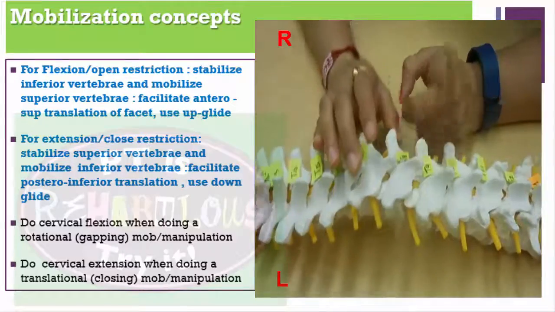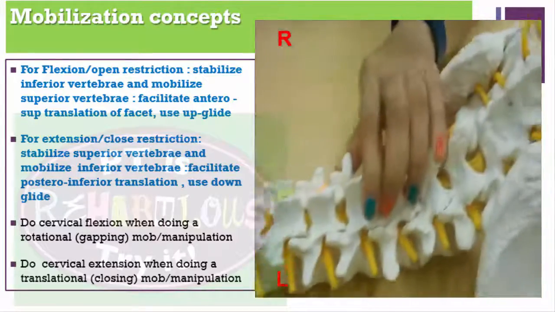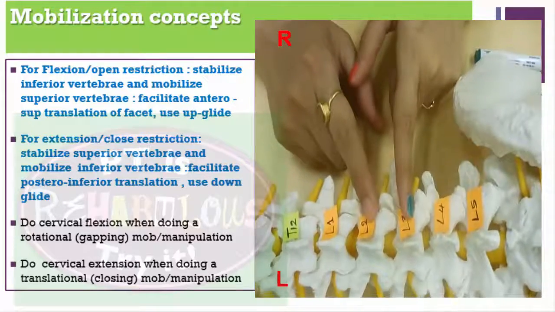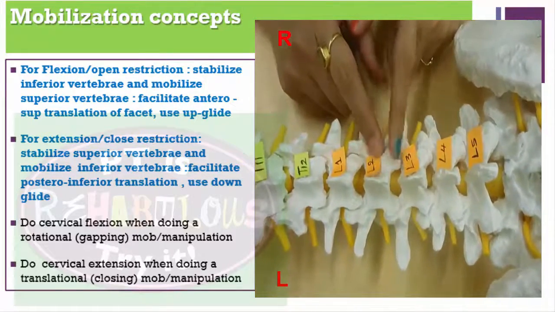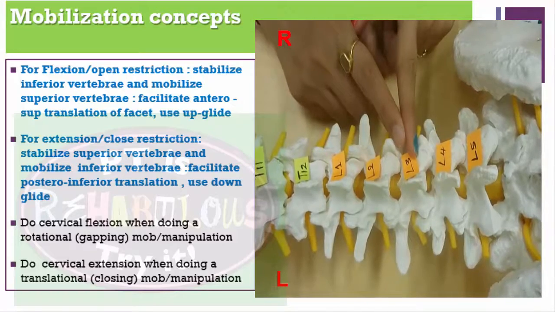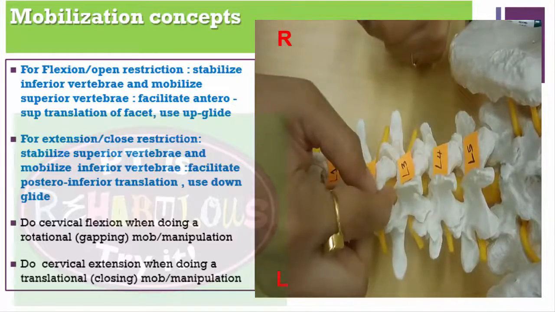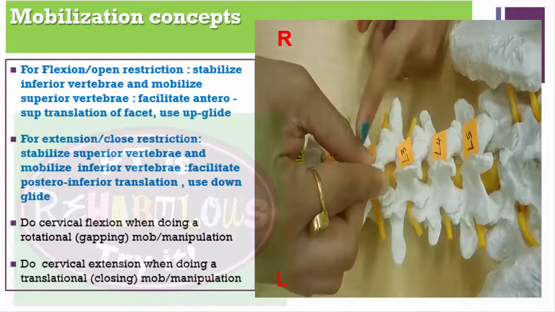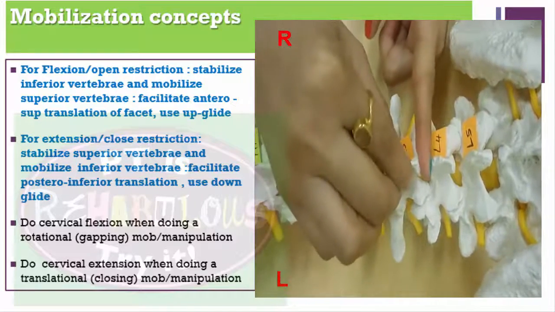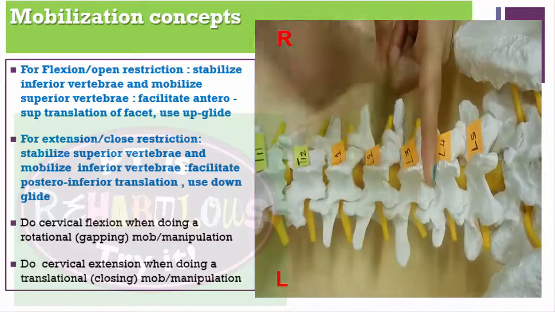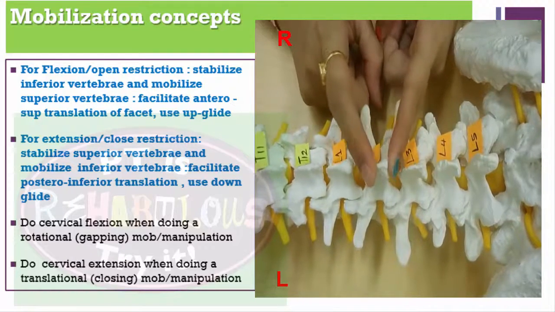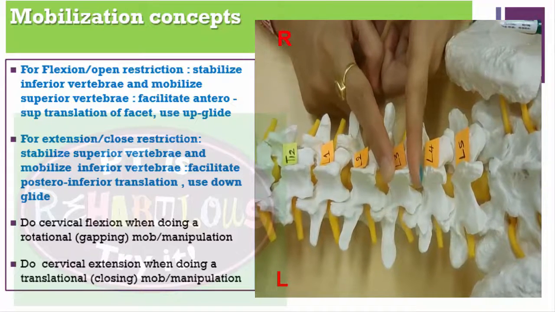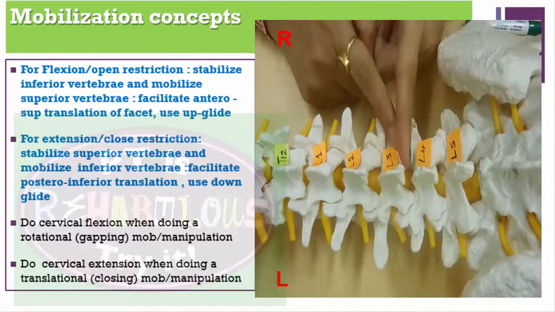And for the lumbar region, if we take the L2 and L3 level and I have a problem with flexion and extension restriction, for flexion I'm going to mobilize L2, and for extension I'm going to mobilize L3. Why? Because for flexion we mobilize the superior vertebra, and for extension we mobilize the inferior vertebra.